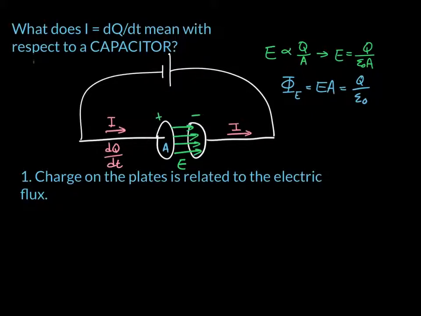As negative charges leave the side that's becoming more positive, the same number of negative charges are piling up on the other plate that's getting more negative. And so the amount of electric flux keeps increasing. There's more electric field lines because there's more plus to minus connections in the field. So they're clearly related. How they're related, we'll get to that, but this is just thinking it through.